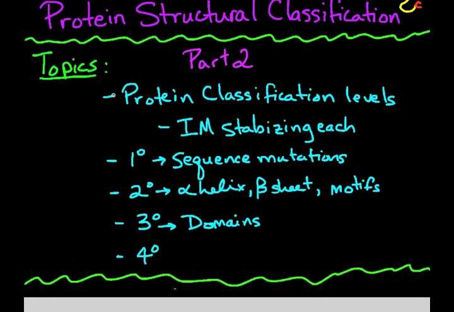So let me just summarize. Part 1 would include almost all the way there, so I'll give it a one-sided arrow there. So discussion of primary structure, mutations, secondary structure, alpha helices, beta sheets, and one motif.